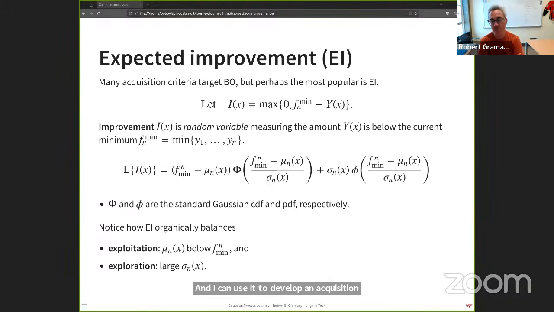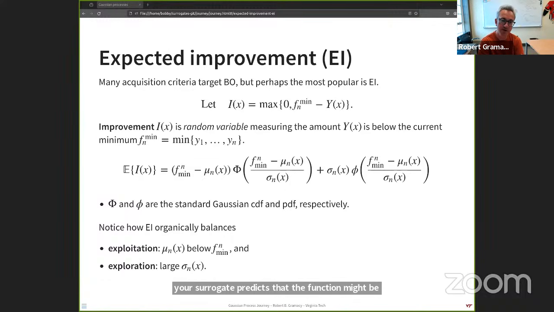And there are many of those in the Bayesian optimization literature, but the one that I think is the most common is called expected improvement. Expected improvement is measuring the amount by which your surrogate predicts that the function might be below the current best minimum.